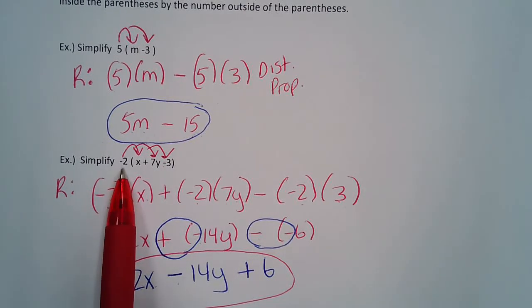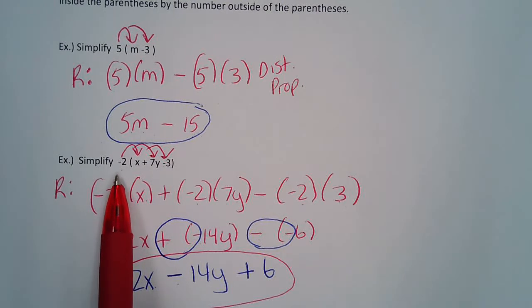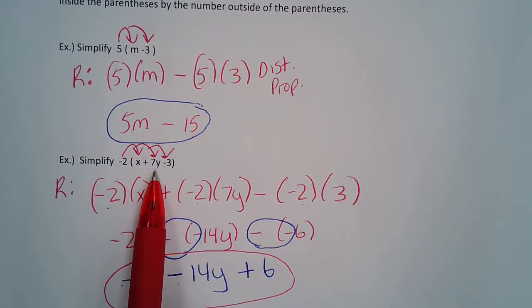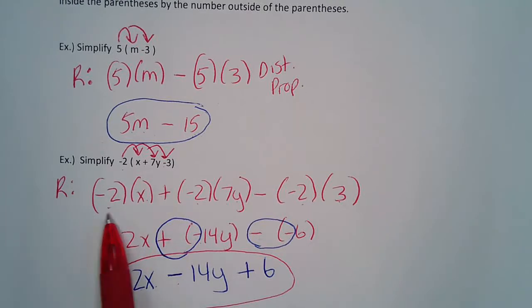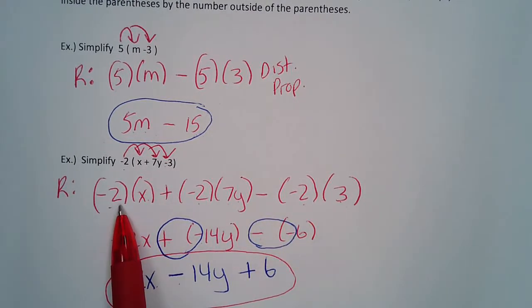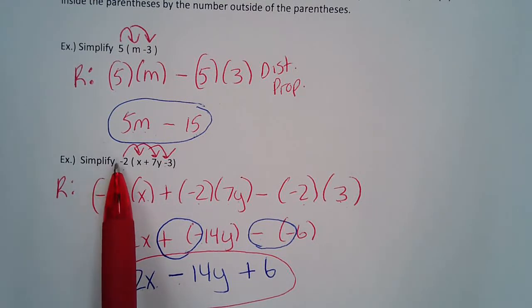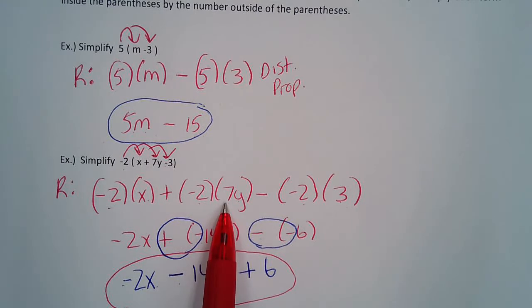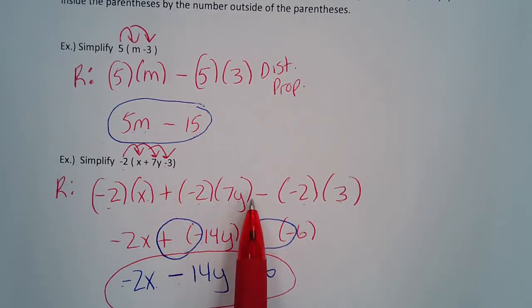All right, I want to recap really quick. We have negative 2 outside of our parentheses. The distributive property says you take that number and you multiply it by each term inside your parentheses. That's what I did here. I used parentheses around my numbers to help me keep my problem organized. Negative 2 times x, bring down the plus. Negative 2 times 7y, bring down the subtraction.